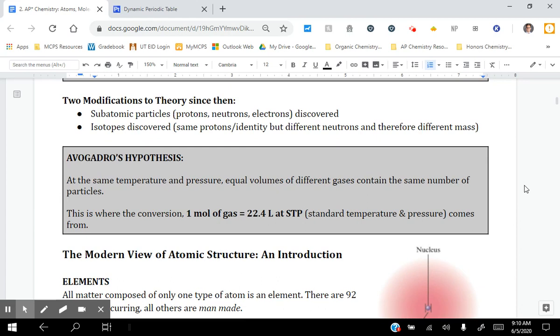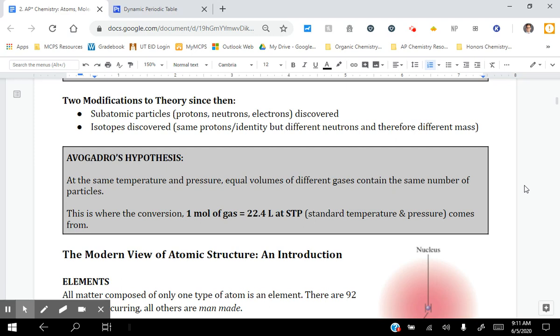Avogadro is one of them. If you've taken a first-year chemistry course, then Avogadro is famous for the mole, but he also was famous for some work dealing with gases, specifically the amount of gases and the volume of gases when temperature and pressure is held constant. When we dive into gas laws, you will see this hypothesis come up again. It's referred to as Avogadro's law.